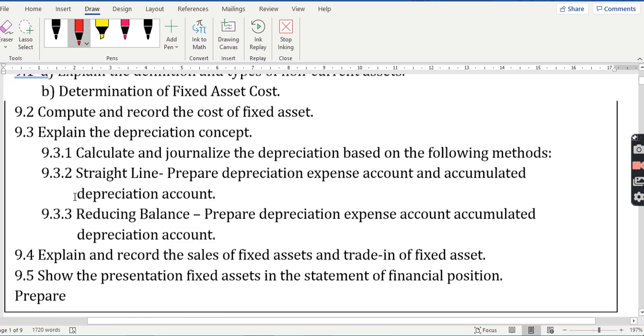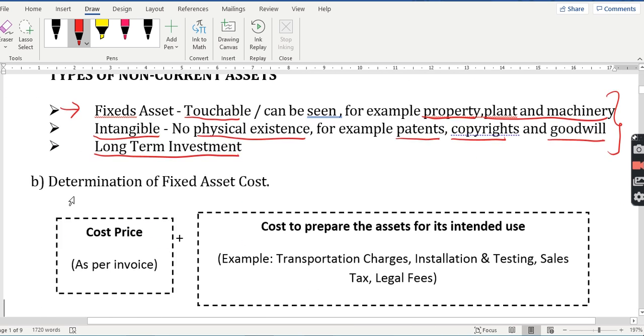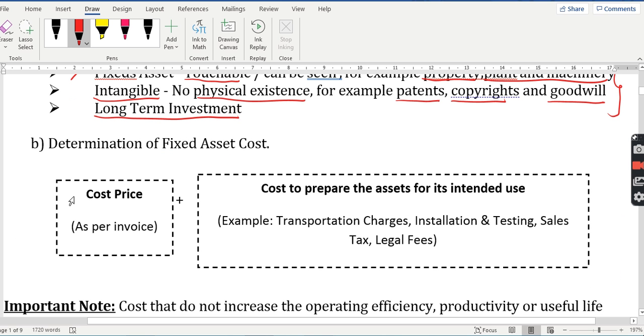So earlier I already explained how to determine the fixed asset cost. Besides having the cost price as written in the invoice, we need to include also the transportation charges, installation and testing, and also the sales tax and any legal fees.